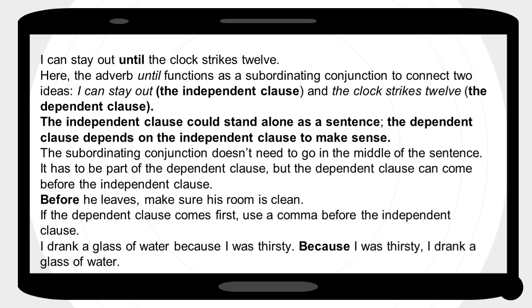So here, before and because are at the beginning of the sentence, and both of them are dependent clauses o sugnay na di makapag-iisa. Therefore, after the subordinating clause, which is before he leaves and because I was thirsty here, we put the comma. And that's a signal that it will be followed by the independent clause.